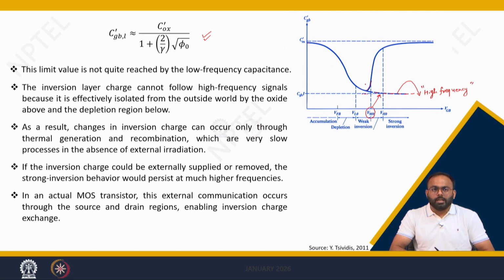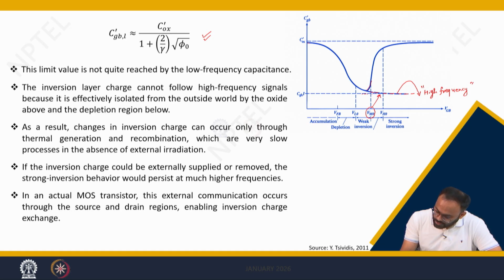But what will happen if you connect an AC signal in your MOS cap and you are increasing the frequency? If the frequency is very high, then beyond depletion you are not giving enough time to the inversion charge to come from the body to the surface, and hence the capacitance stays at a lower value, because the overall capacitance in that condition was also given by 1 over CGB dash is equal to 1 over COX dash plus 1 over CB dash.